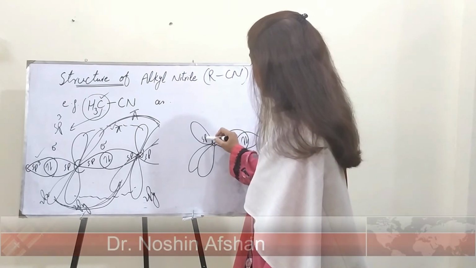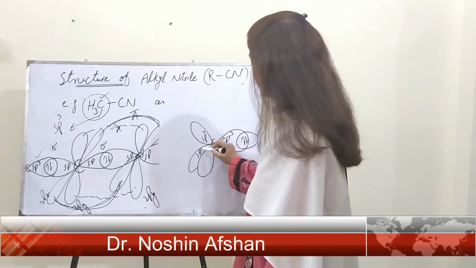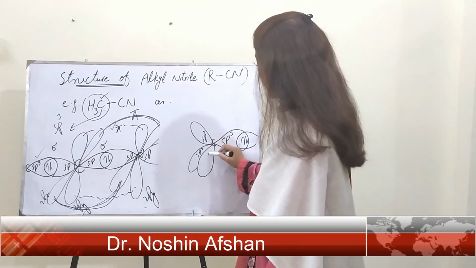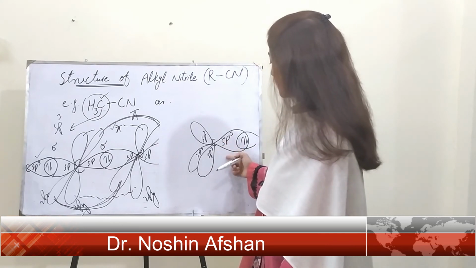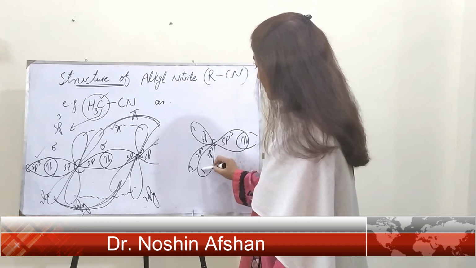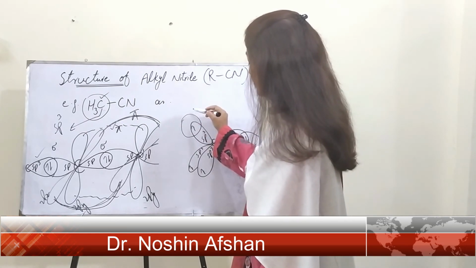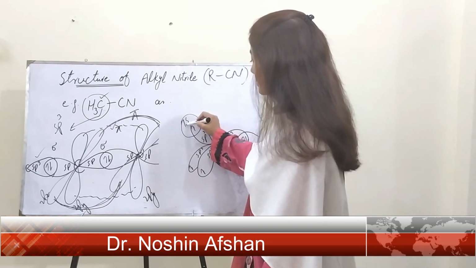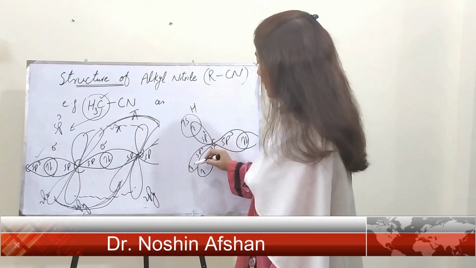Here these are the sp3 hybrid orbitals, this is also sp3, and this is also an sp3 hybrid orbital of the carbon atom with one electron in each of them, and that would be overlapped with the 1s orbital of the hydrogen.